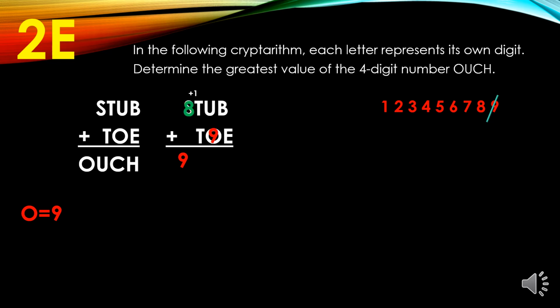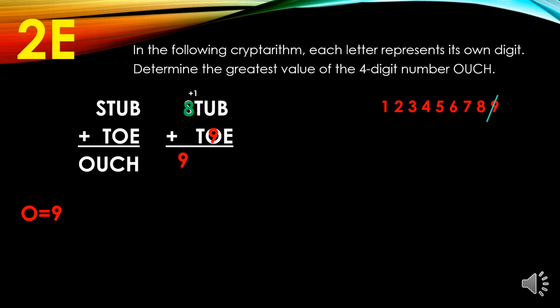Now your T plus T should be equivalent to 17. Could it be 8 plus 8 is 16, carry 1 is 17, which is possible. But we cannot use 8 because 8 has already been used for letter S. Now, 7 is not possible.